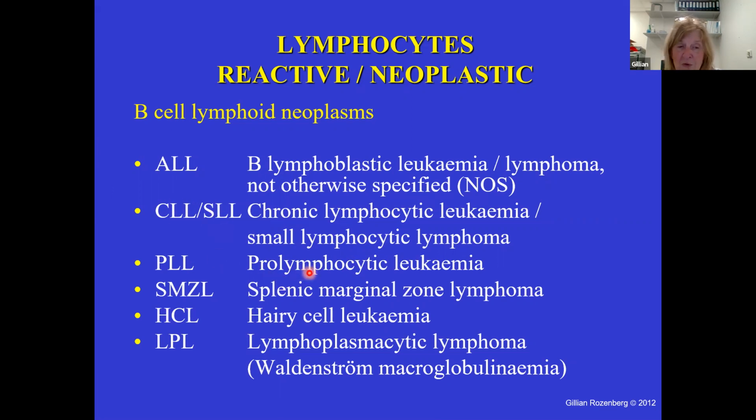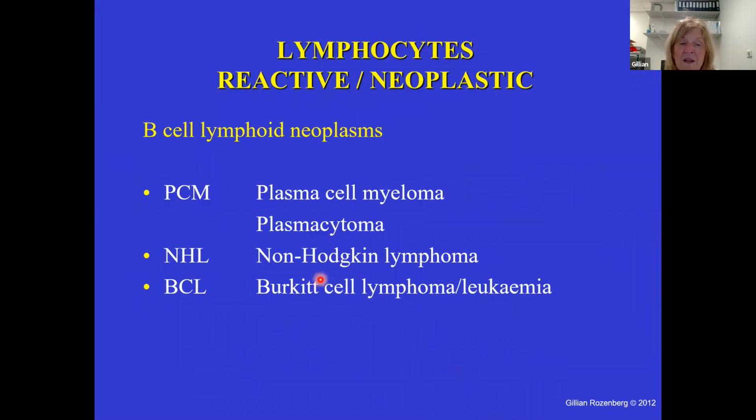Then there's pro-lymphocytic leukemia, splenic marginal zone lymphoma, hairy cell leukemia, lymphoplasmacytic lymphoma, and this is a more recent term for Waldenstrom macroglobulinemia, plasma cell myeloma.